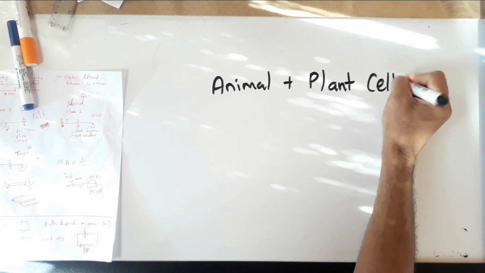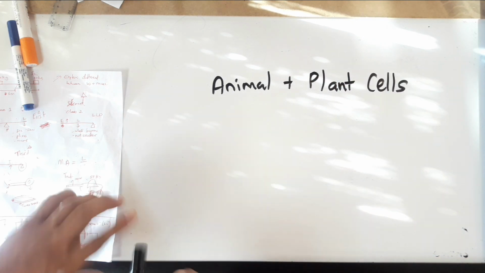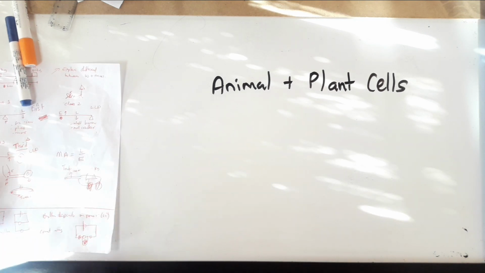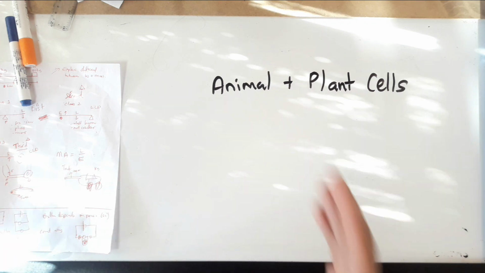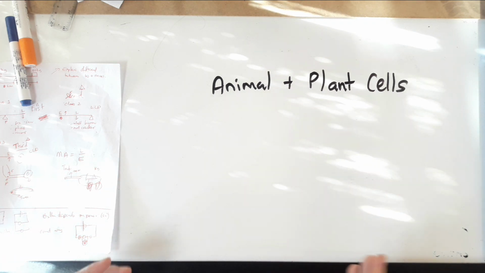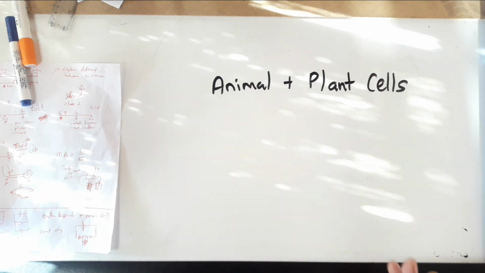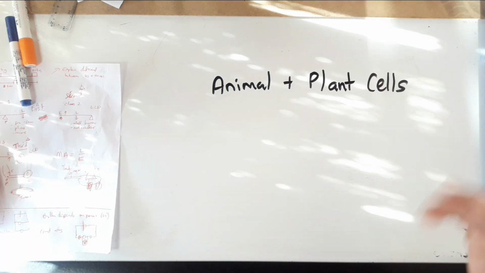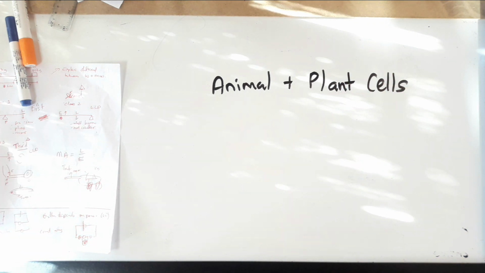This is all the key points you need to know in order to get almost all your multiple choice questions correct based on animal and plant cells. Give me a few seconds to organize. You will see the slides popping up on the screen, and I'm going to be talking in the background about them.